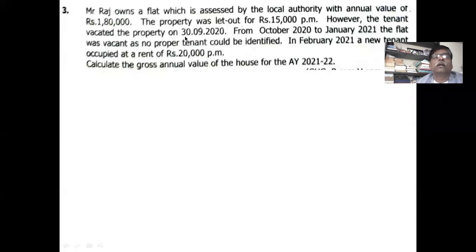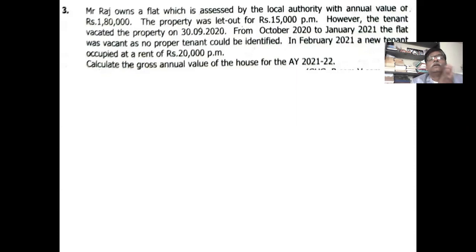However, the tenant vacated the house on 30th September 2020. From October to January the house is vacant. No proper tenant could be identified. Then from February, a new tenant occupied, rent is 20,000 per month.